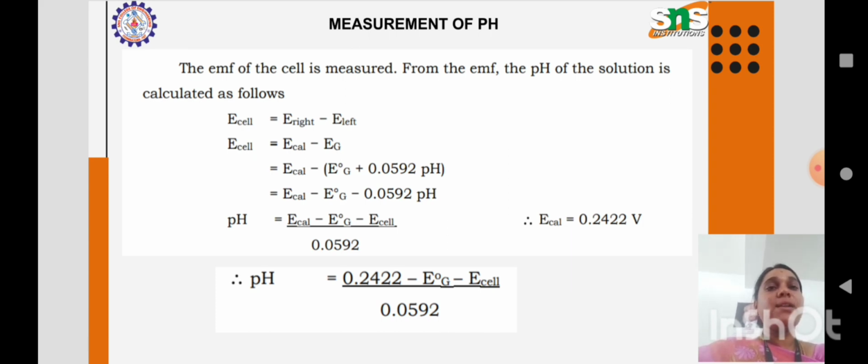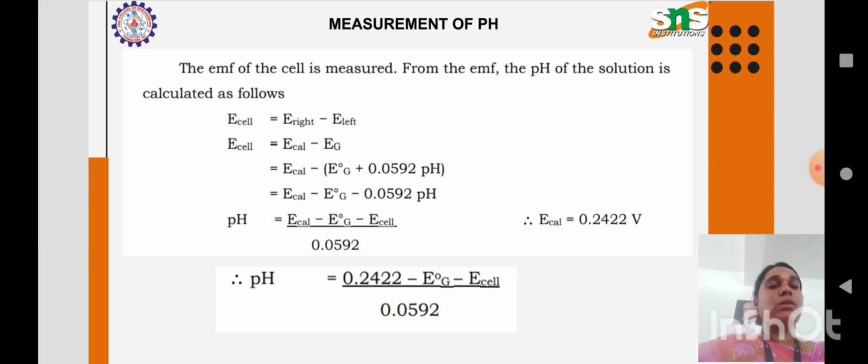So E cell equals E cal minus Eg, where Eg equals Eg naught plus 0.0592 pH, from the internal reference electrode, and E cal is the calomel electrode EMF.